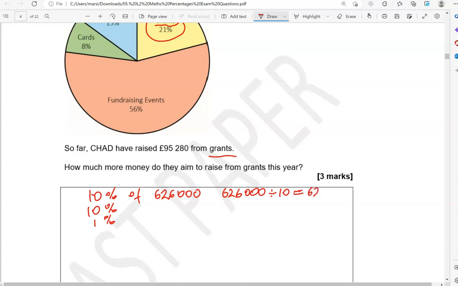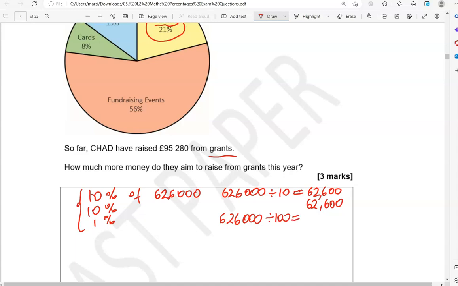So 62600. So that is £62,600. And again 10%, that is 62,600. 1% we work out by dividing 626,000 by 100, because it's just 1 out of the 100%.